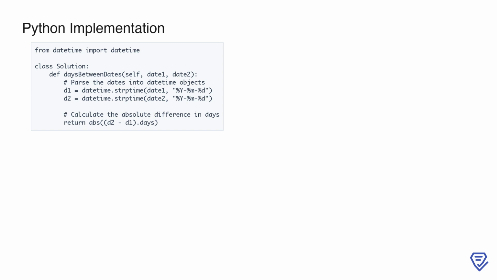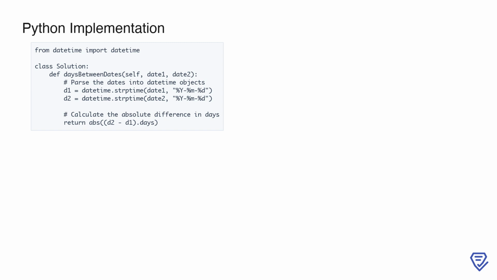Once both dates are converted to datetime objects, the difference between them is computed using subtraction, which results in a timedelta object. The .days attribute of the timedelta object gives the difference in days. Since the problem requires the absolute difference, the abs function is applied to ensure the result is always non-negative. This concise approach ensures the solution is both accurate and easy to understand.